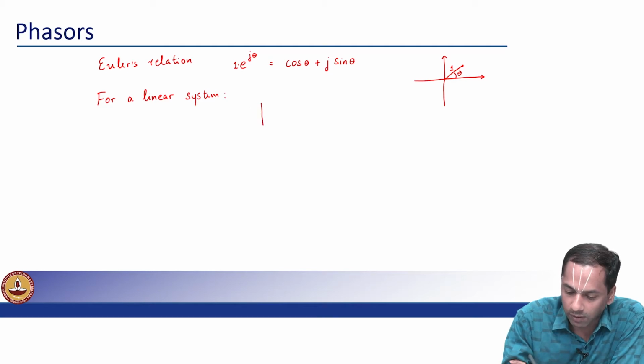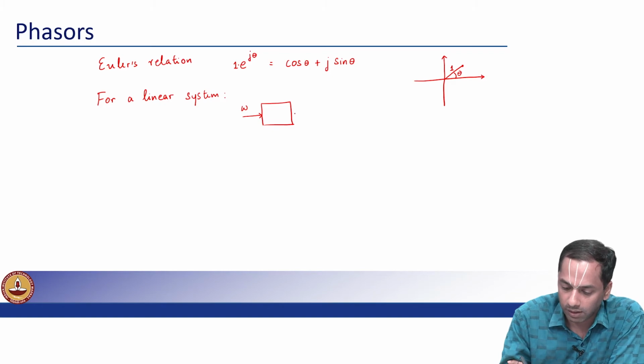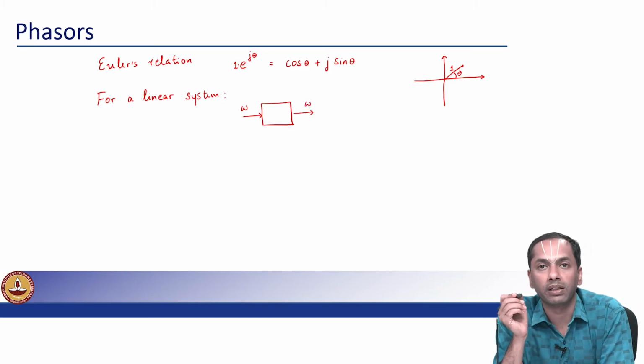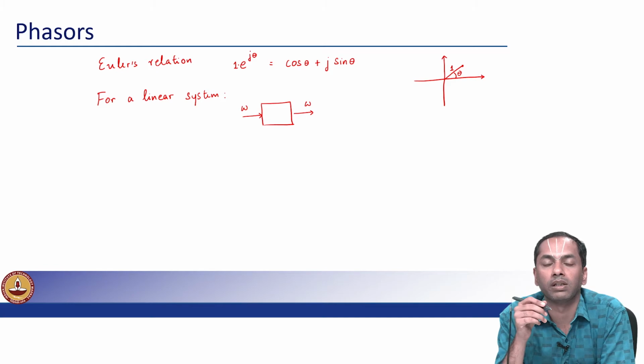So for a linear system, when I excite the input at omega, the output contains only the frequency omega, right? Now there can be phase shifts between the input and output.